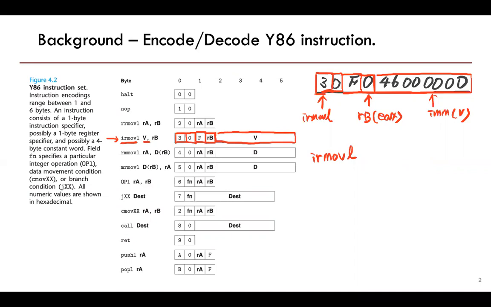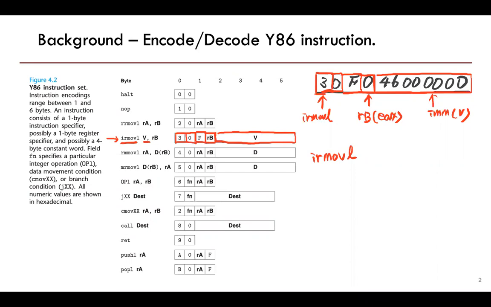Because when we store the data, the constant value is the data, but in the machine code it is stored using little endian style, right? Which means the least significant byte is stored in the lower address.